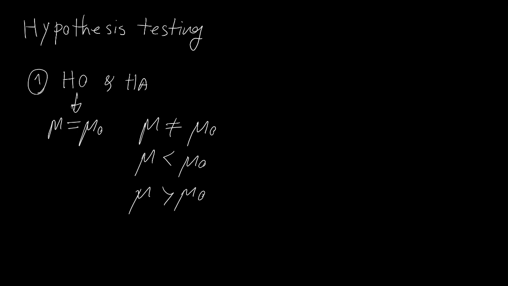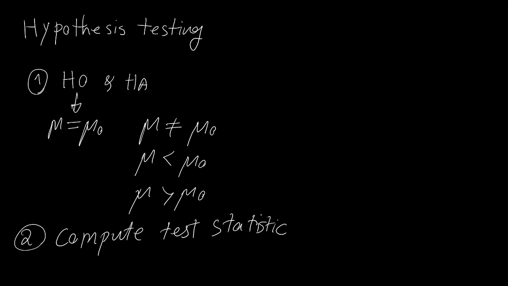So this is the first step, to recognize which one is valid for the question. The second step is to compute the test statistic. How can we compute the test statistic? It depends on the given information in the question. We use the z-test for means when sigma is known or we have a large sample size.